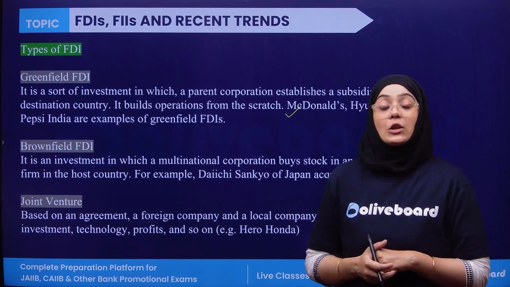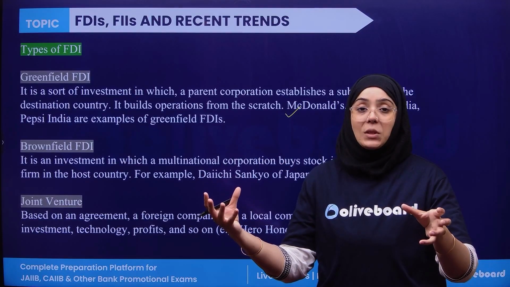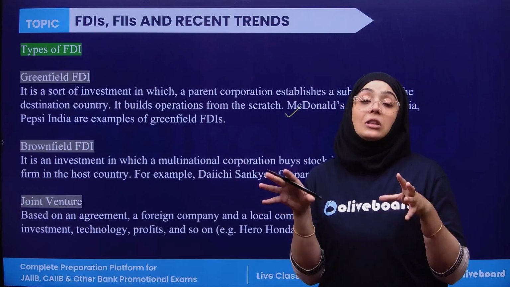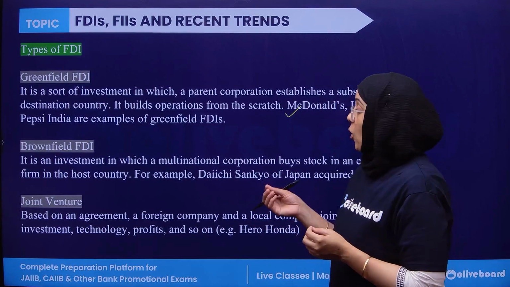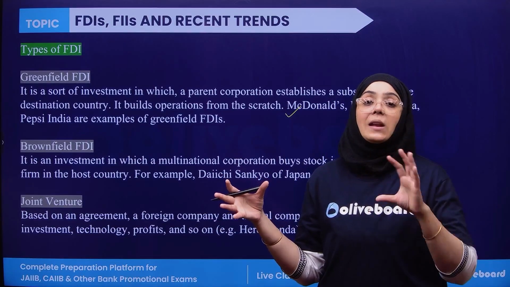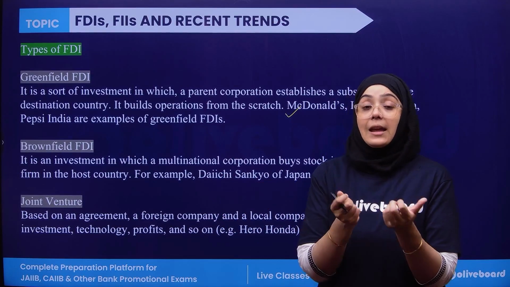But a joint venture is when a foreign company joins hands with an Indian company. They both agree to share the profit and loss. Then it is called a joint venture. For example, Honda, a Japanese company, joined hands with the Indian company Hero, and now they run the company as Hero Honda.